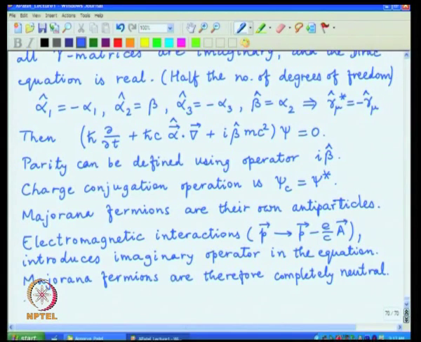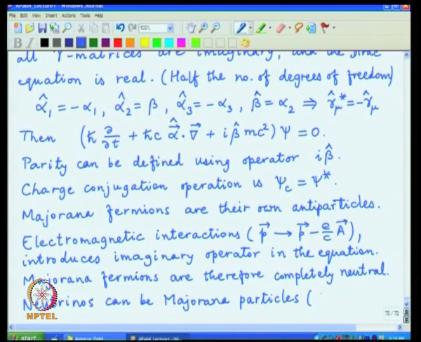So, neutrinos can be Majorana, not strictly Majorana particles, because they do have weak interactions.